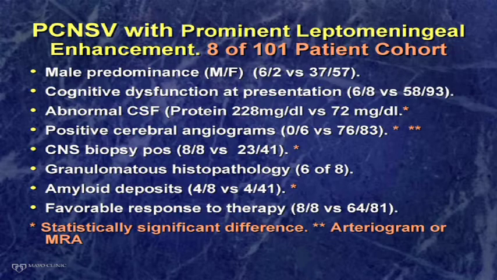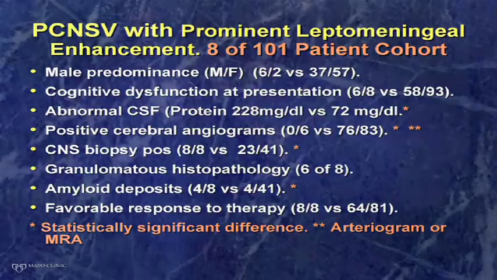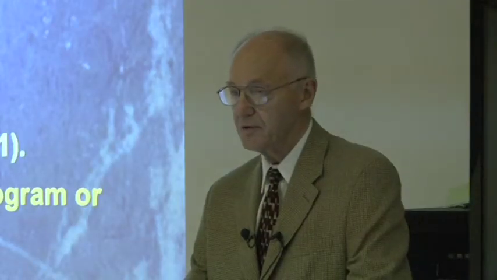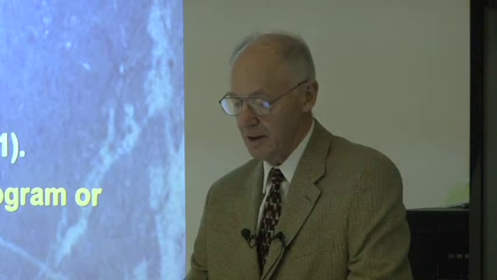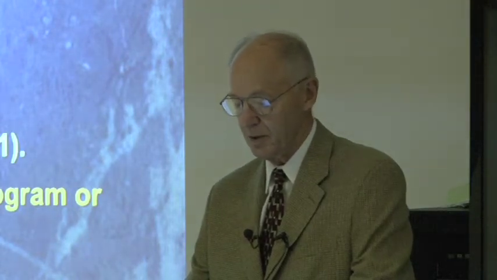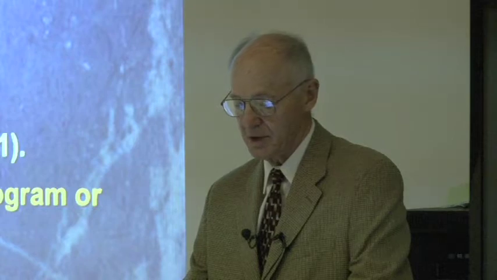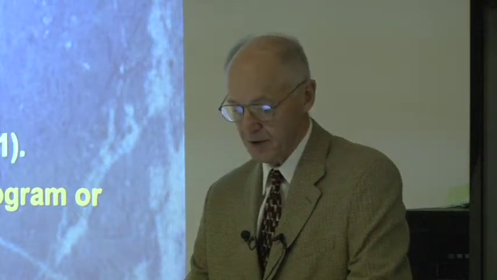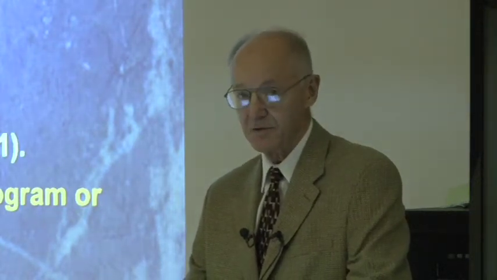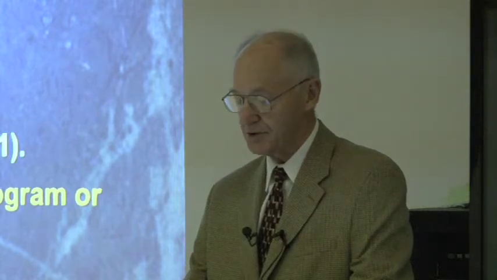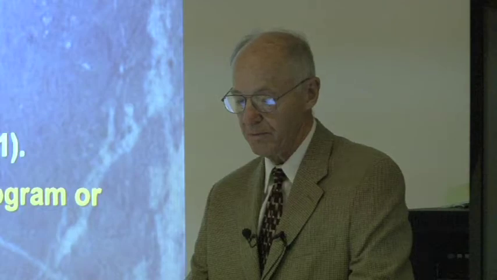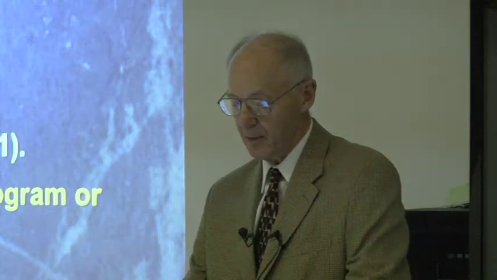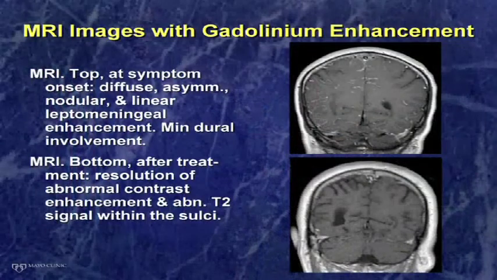CNS was different. It's not really world-shattering. Angiograms were not positive in any of the cases that were done, as you might expect, because the vessels turned out to be very small. And the CNS biopsy was positive in all of them. 6 of 8 had granulomatous histopathology, suggesting that that might fit, but it was not completely uniform. And amyloid deposits were present in some.